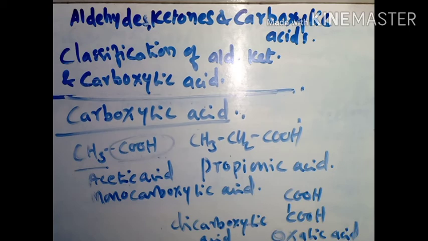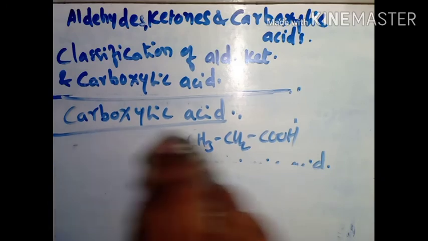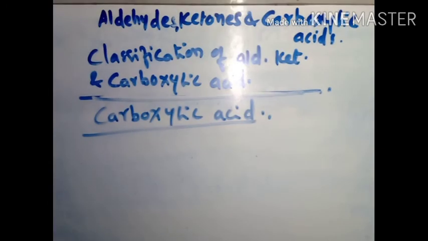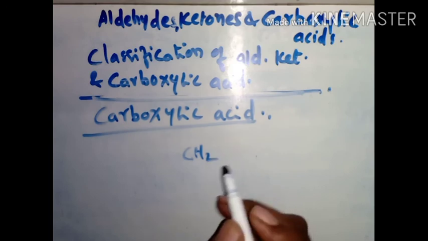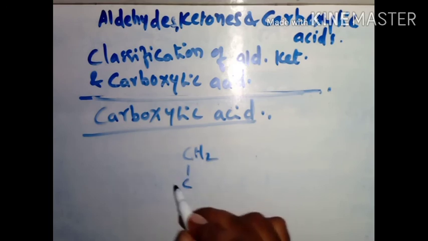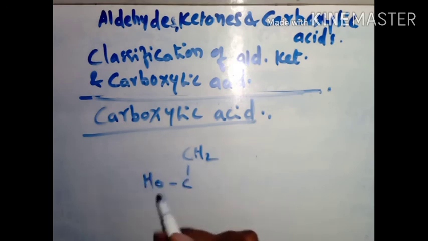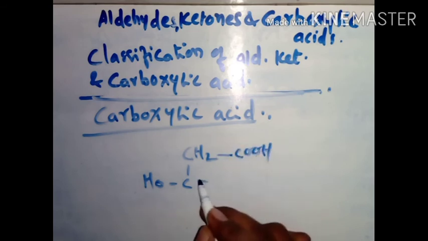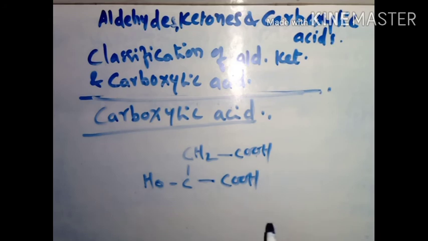Now the carboxylic acids in which three COOH groups are present are classified as tricarboxylic acid. For example, we can take CH2COOH, COOH, then CH2COOH.